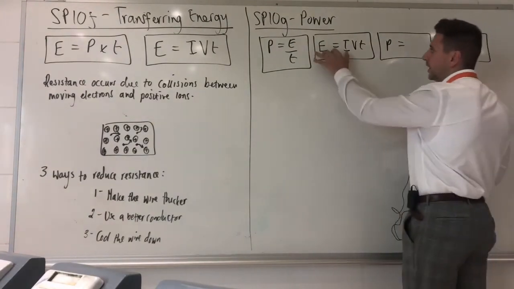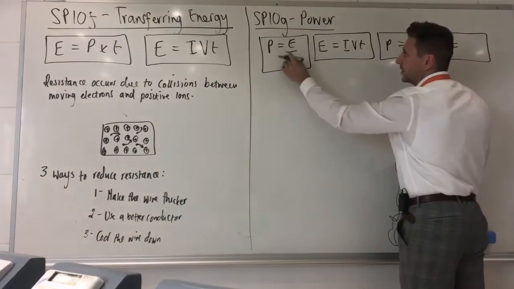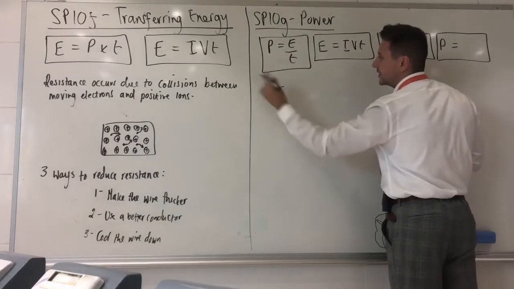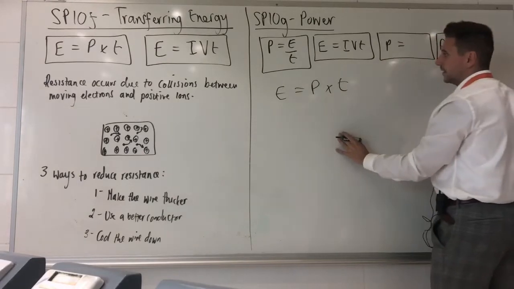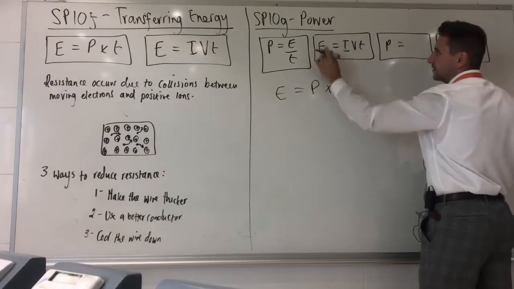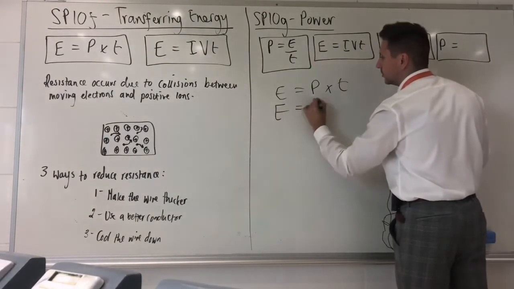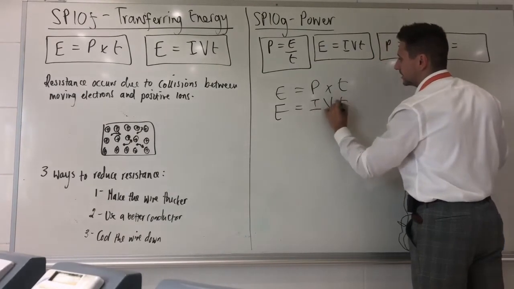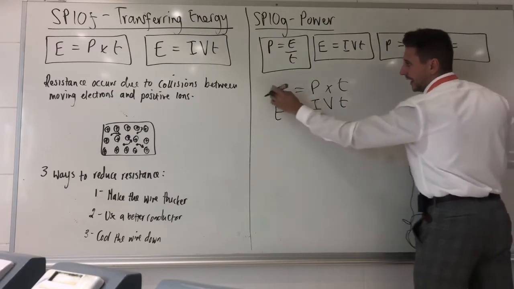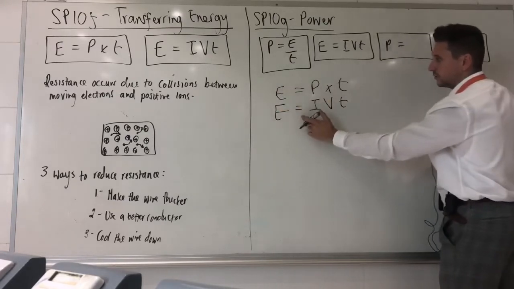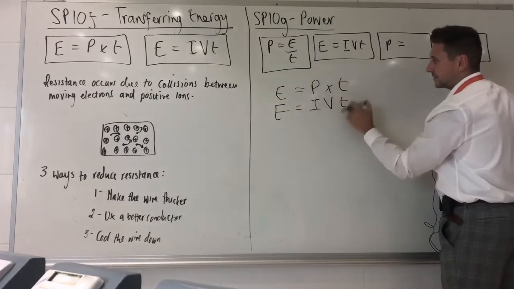So first of all, if I know that power equals energy over time, and I rearrange as I did over there, energy is power times time, then I compare it to this equation for energy, which is energy equals current times voltage times time, and I compare this one to this one. I have energy equals something times time, and energy equals something times time.